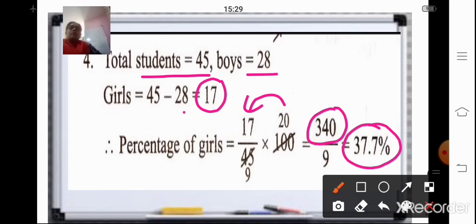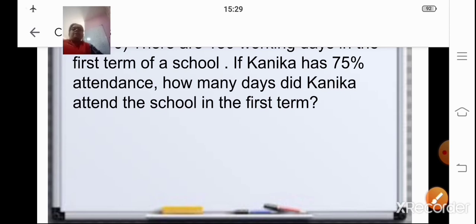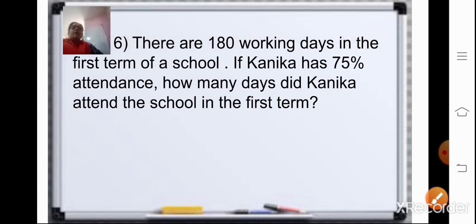Okay, coming to the next word problem. There are 180 working days in the first term of a school. If Kanika has 75% attendance, how many days did Kanika attend the school in the first term? Here it is 75% of 180 working days.